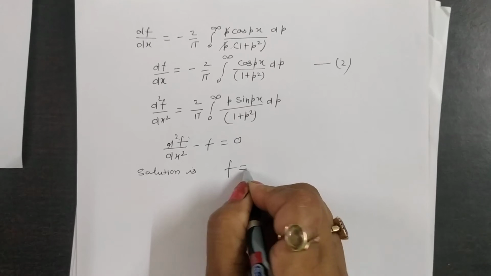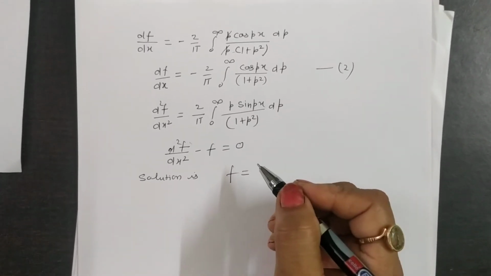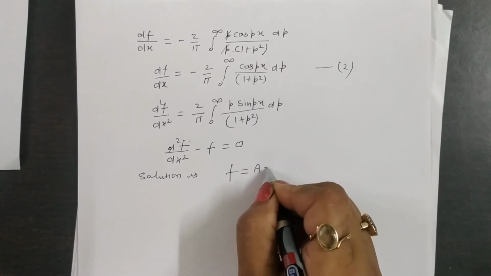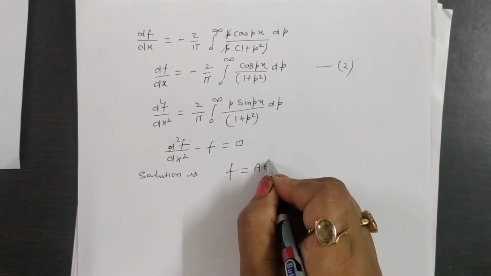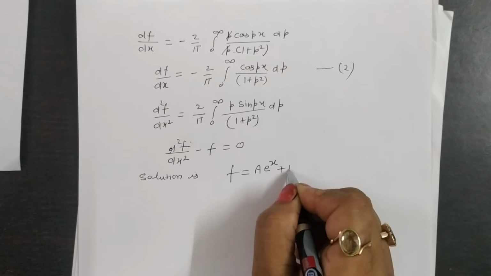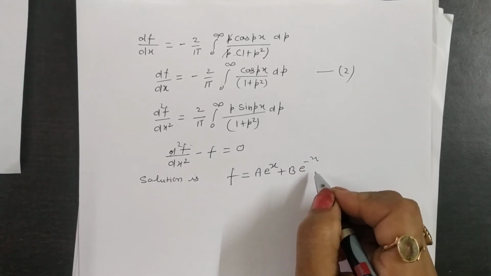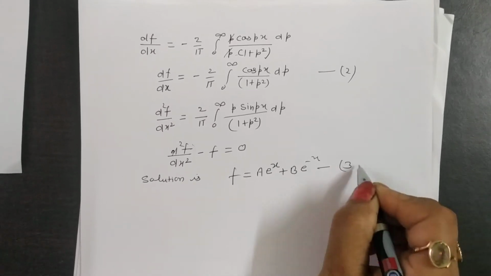The auxiliary equation is m square minus 1 equal to 0, so m is equal to plus or minus 1. So f is equal to a e to the power x plus b e to the power minus x. Let us call this equation number 3.